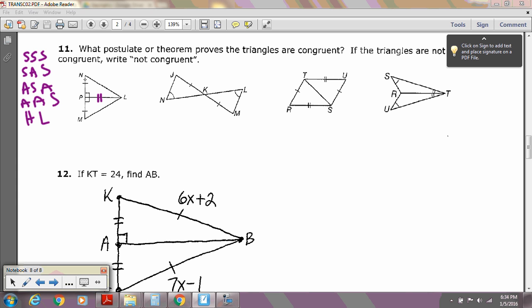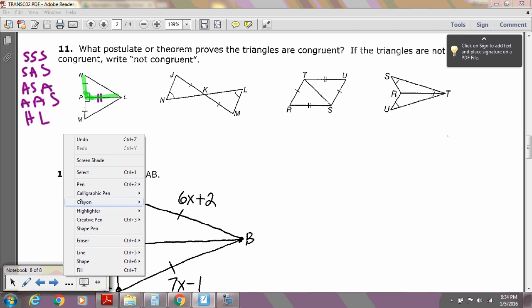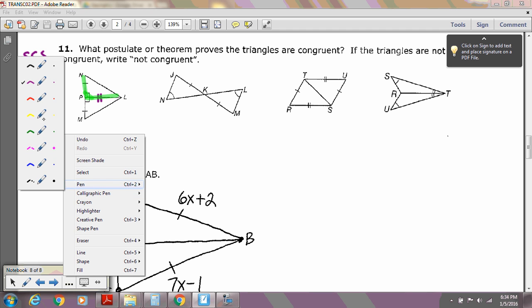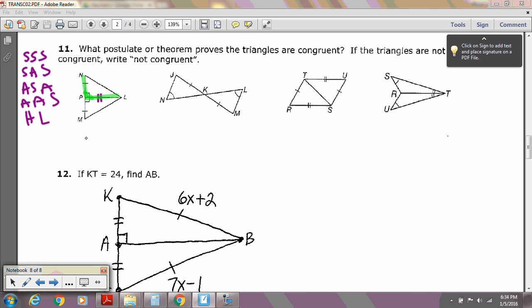So that means side, angle, side. Because starting at N, I went down a side that was congruent. The right angle was included in between the second congruent side.